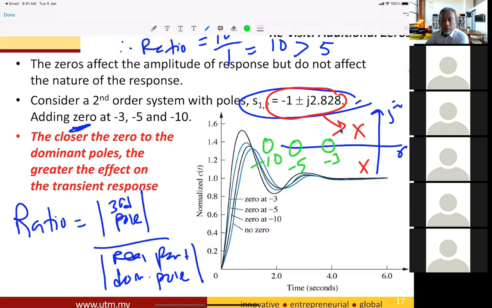The zero at -3, which is near to the dominant pole, will give a faster response. Zero at -3 is the first curve, zero at -5 the second curve, zero at -10 the third curve, and no zero is the fourth curve.